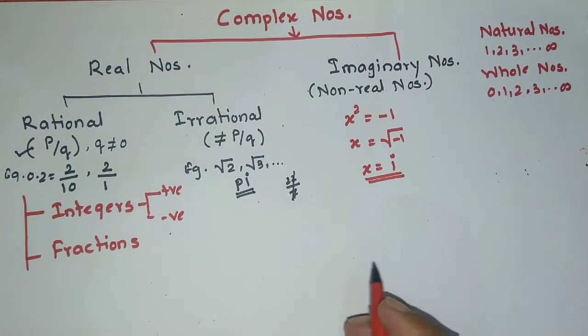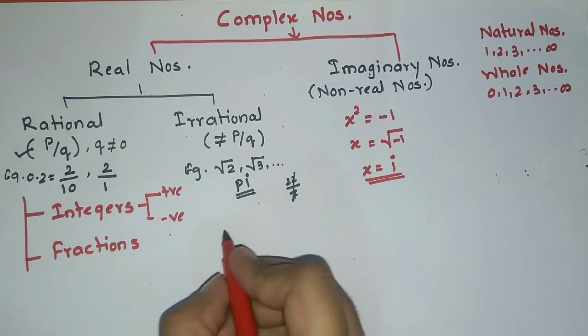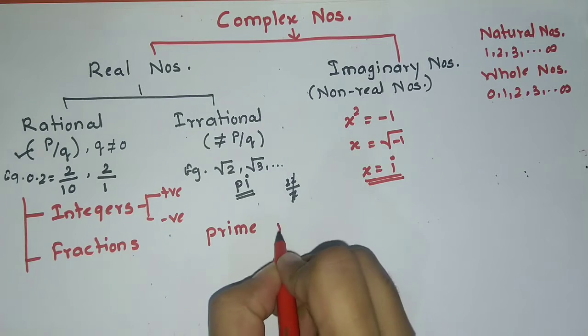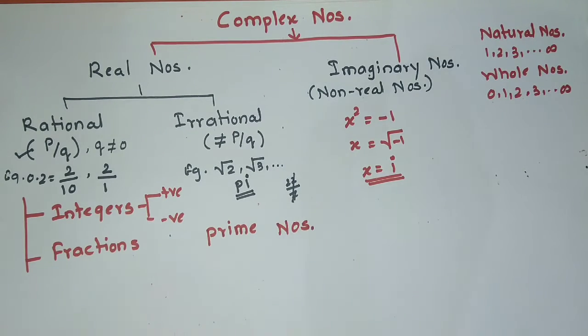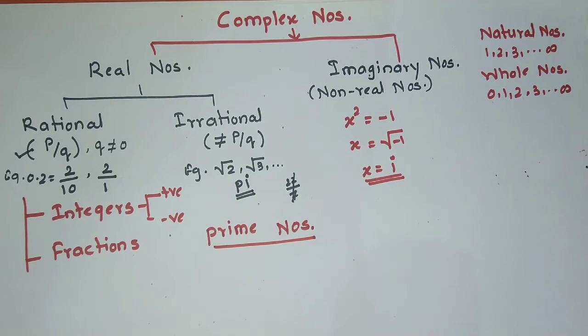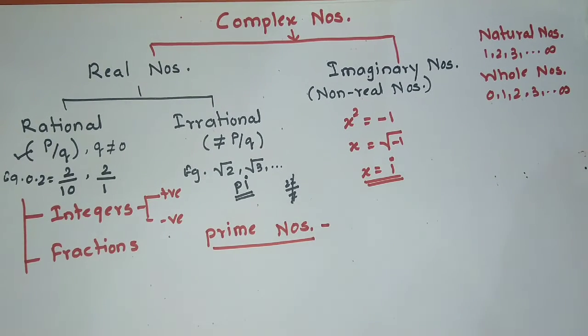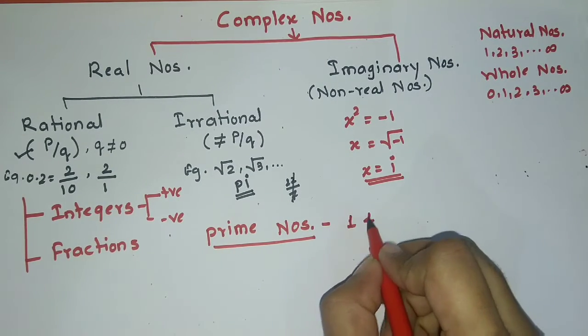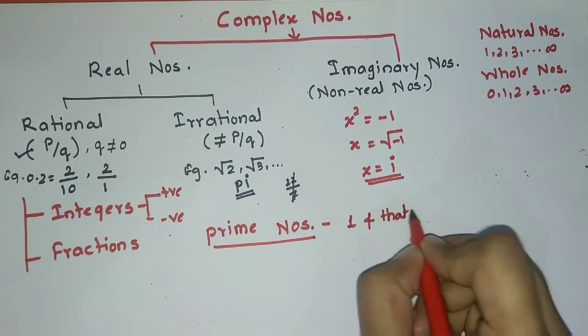Now besides these, there are prime numbers. Prime numbers are the numbers which are divisible by 1 and that number itself.